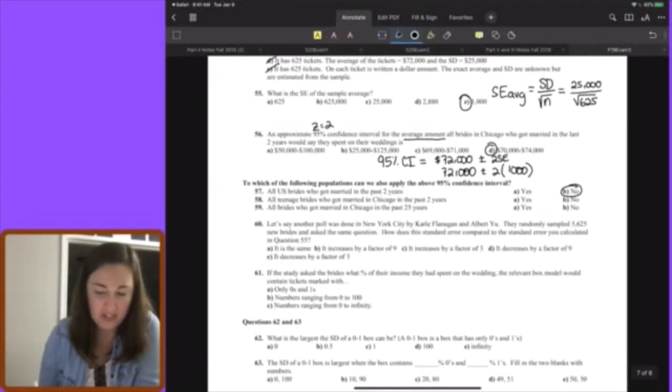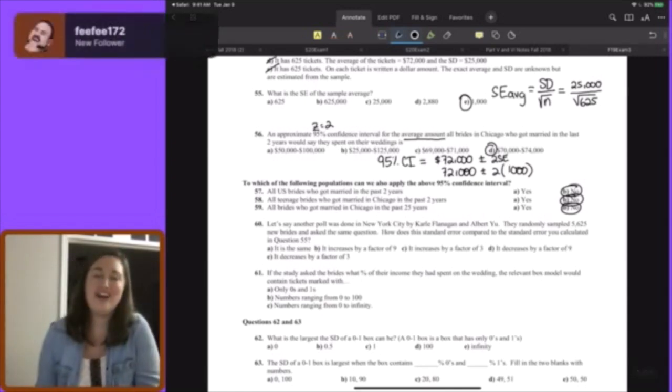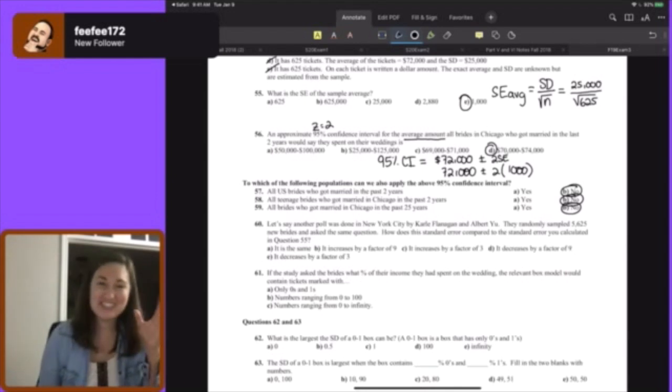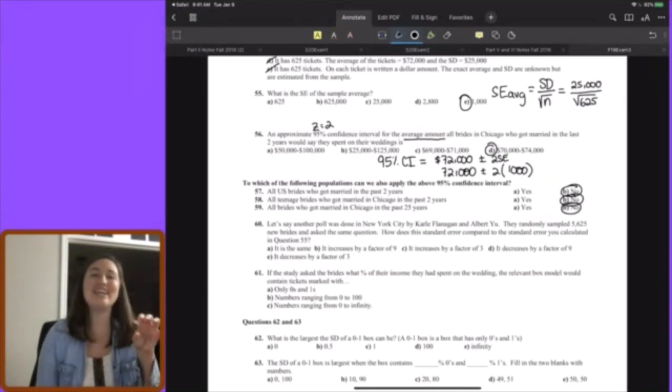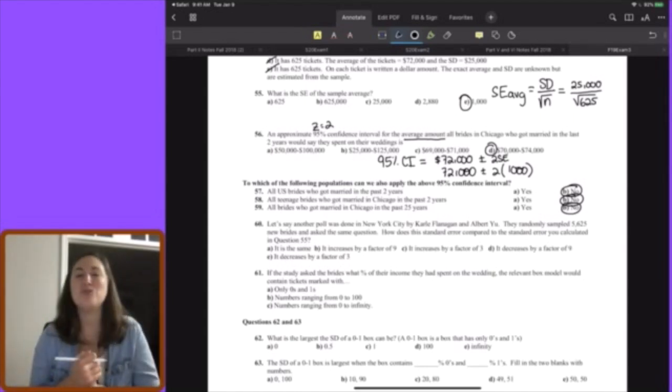All teenage brides, nope. All brides who got married in Chicago in the past 25 years, no, definitely not. I think I've said this a lot, but that's one way that people can lie with statistics. They'll take very specific data from a specific population and try to generalize it to a broader population. So beware of that for sure.